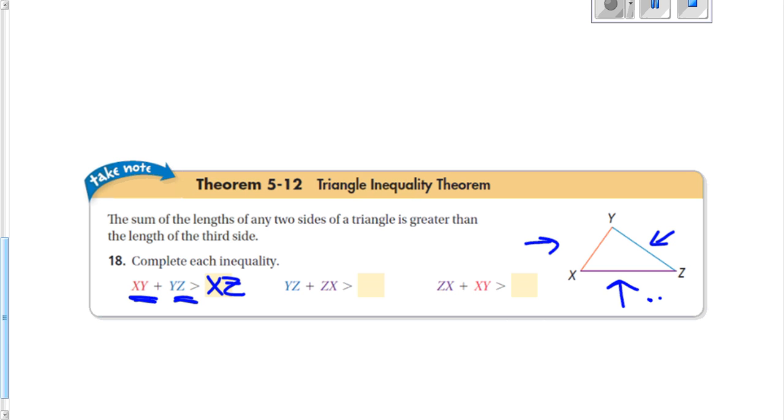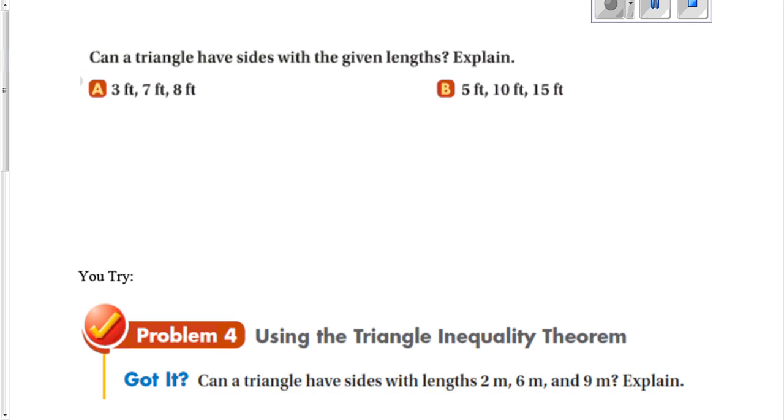Also, yz plus zx have to be bigger than the third one, which in this case is yx. And then lastly, zx and xy have to be bigger than the third one, which is yz. Okay, so we're going to apply that, but just keep that in mind. Any 2 sides have to be greater than the third side, the sum of any 2 sides.